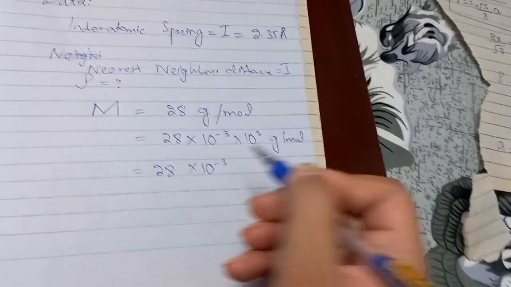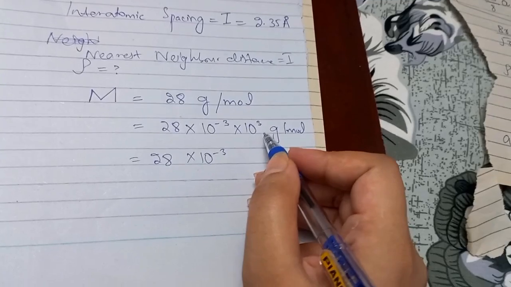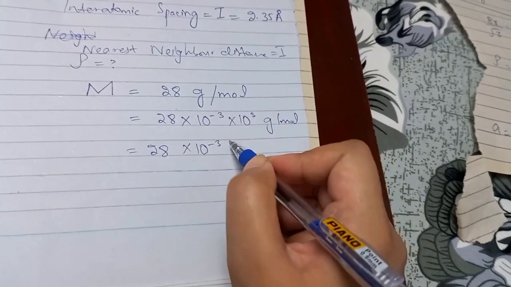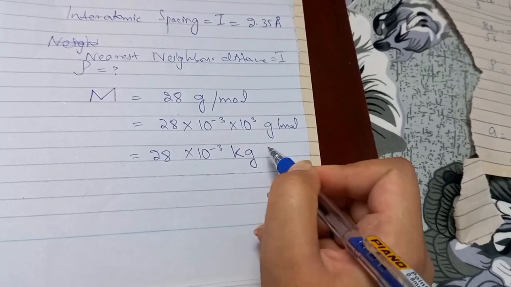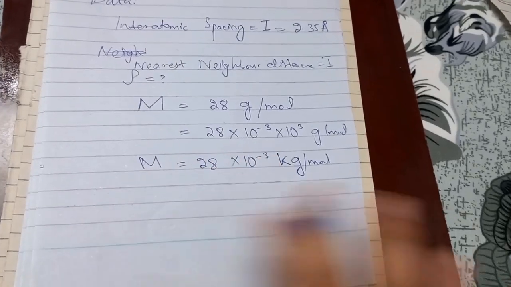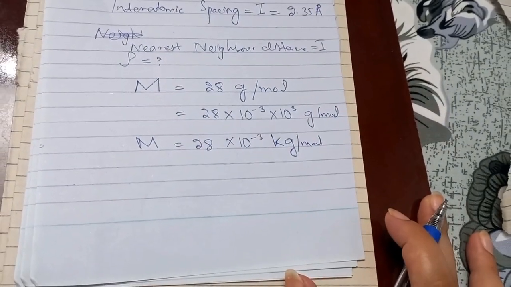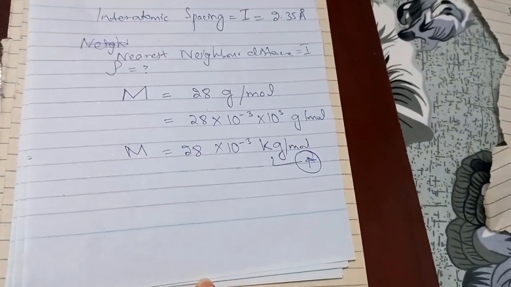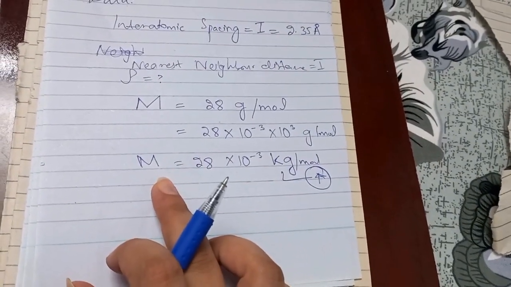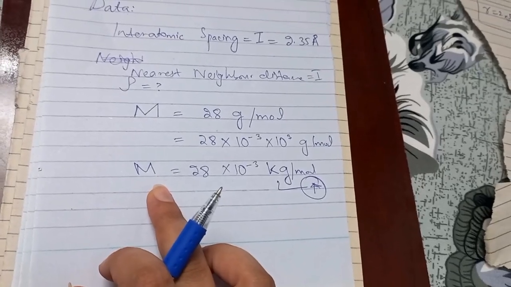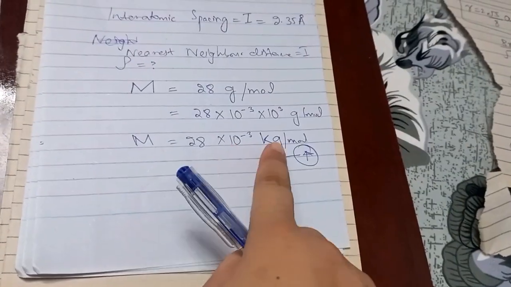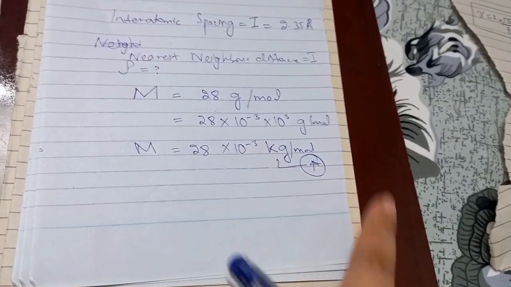We know k, which is kilo, is 10 to the power 3, so we can write 10 to the power 3 as kilo, and g per mole remains as it is. So we have converted the molar mass into SI units. Molar mass is different from the mass of the sample or element; that is why its unit is not kg but kg per mole.